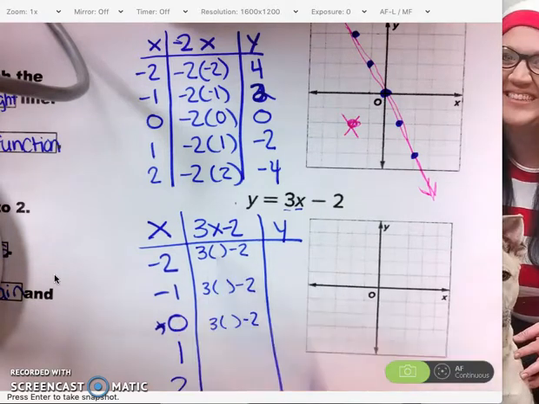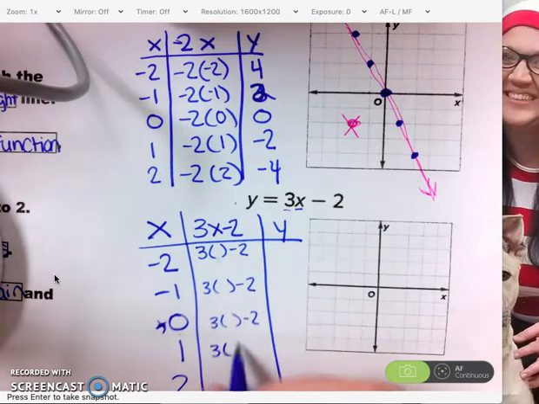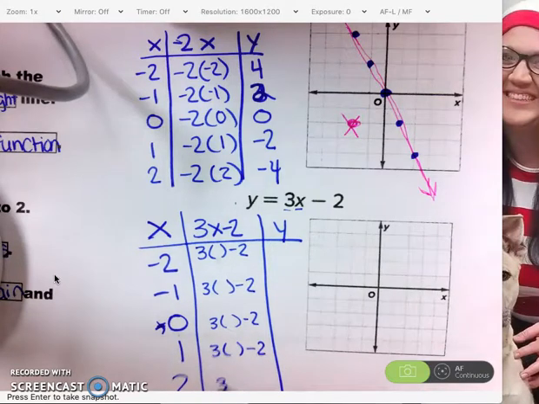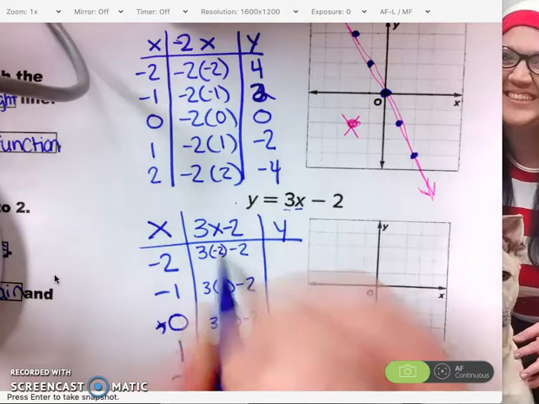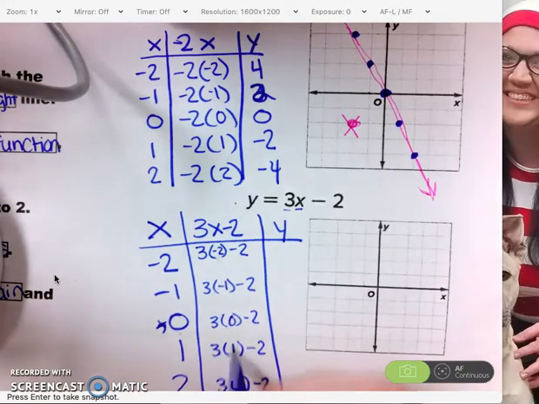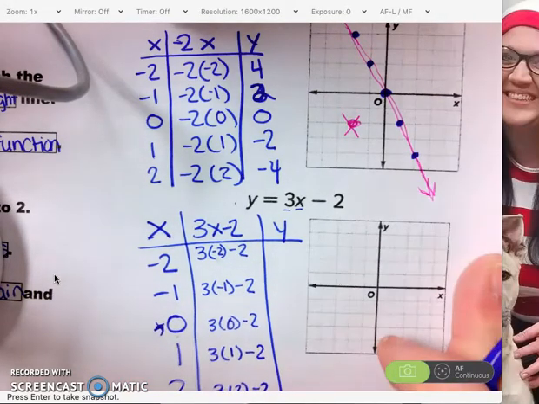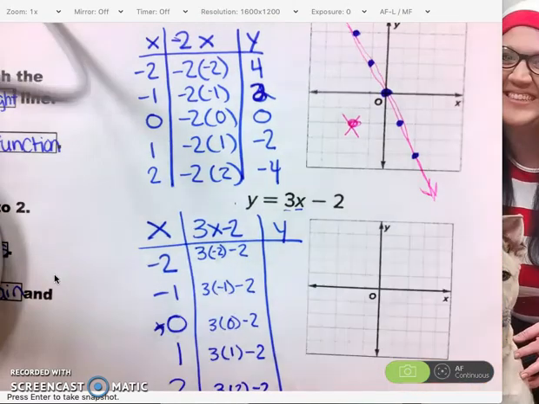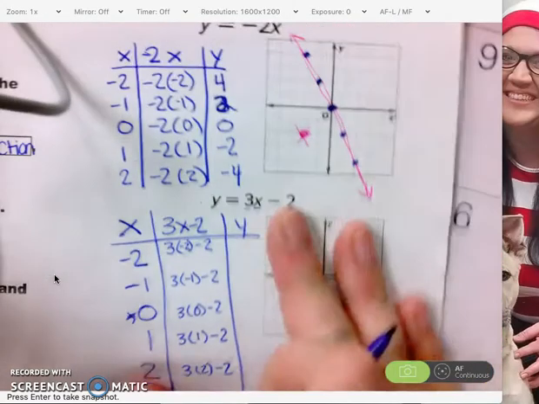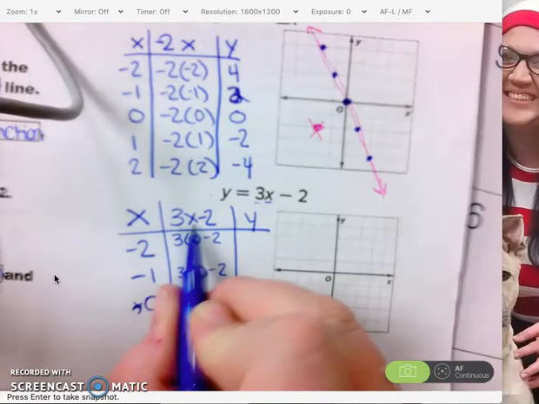Remember, instead of my x, I'm going to write parentheses. And I'm going to put in -2, -1, 0, 1, 2. And I have to remember, order of operations says that I have to do multiplication first. So when they're next to each other, they're multiplying.